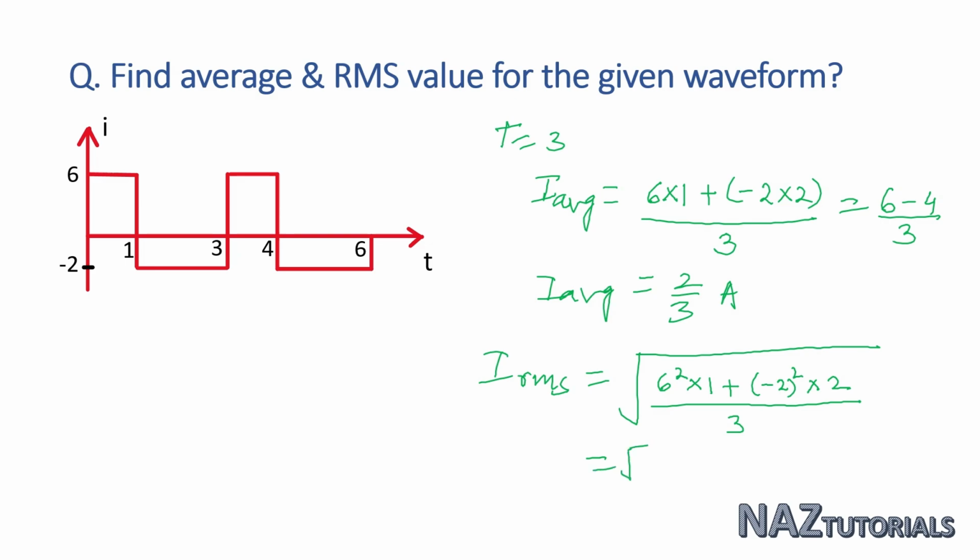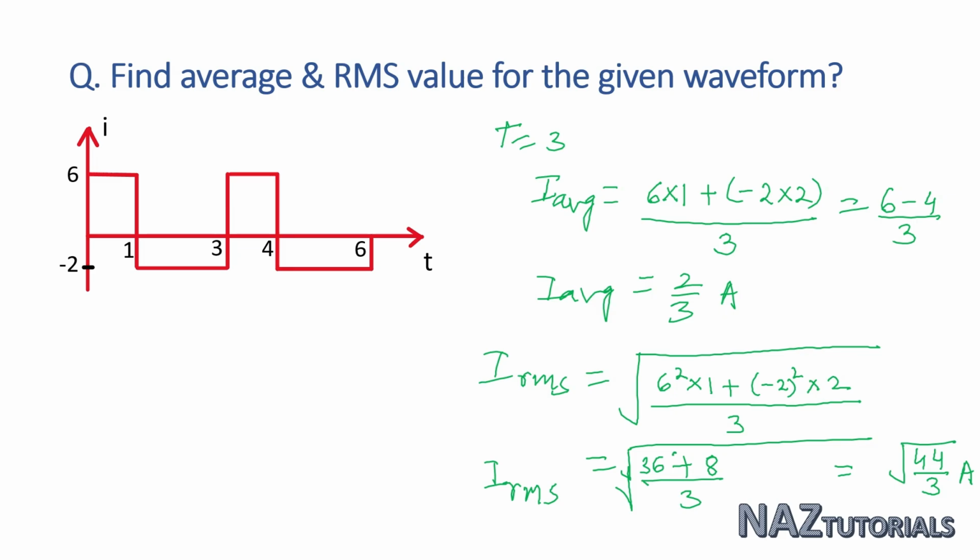So it is calculated as 36 plus 2 to the 4, and 4 into 2, 8, divided by 3. So it is square root of 44 divided by 3 ampere. So this is the RMS value.